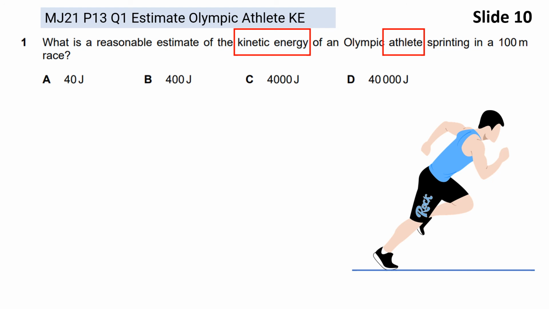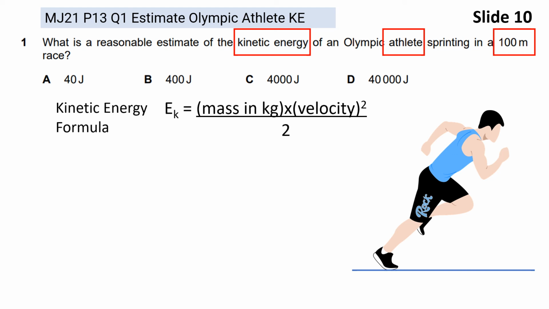And an athlete, that's the mass we are talking about. They also gave the 100 meters, which is distance. That doesn't help that much, because for kinetic energy, I need velocity. For the mass, I can use the estimated value of a person, which is 70 kilograms.